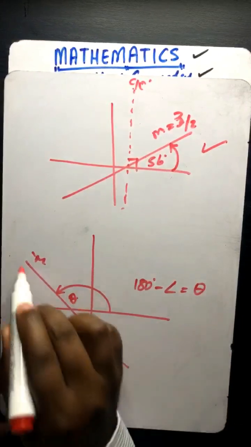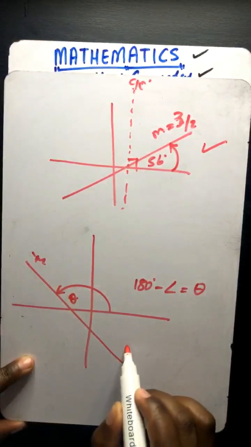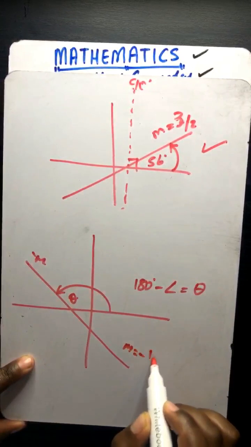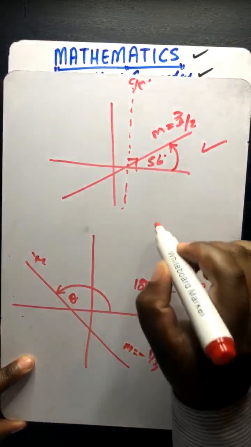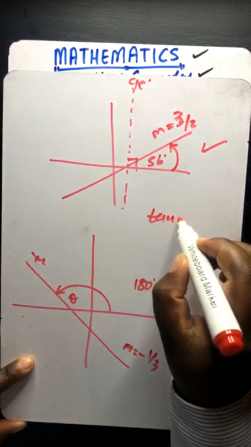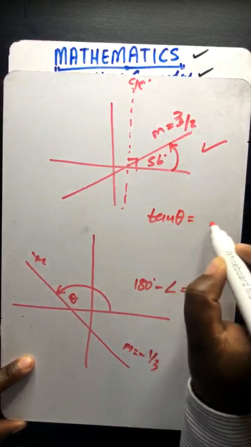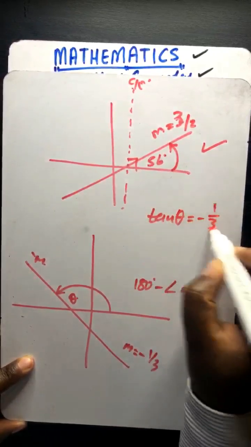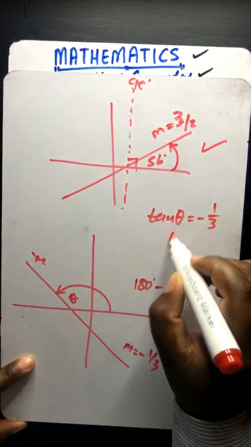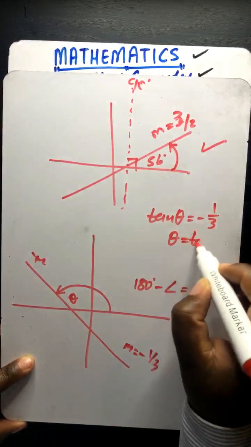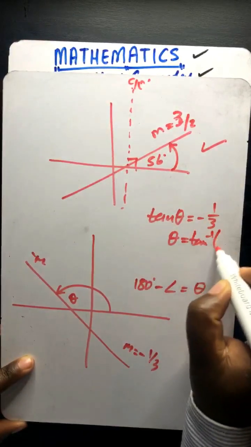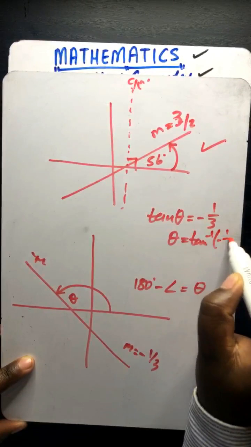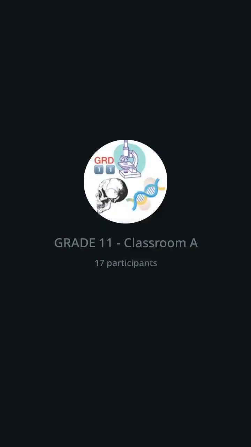So let's say, for example, that the gradient was actually negative 1/3. So that means tan of angle is equal to your negative gradient. Now you want to calculate your angle. Let's see what answer we are getting.